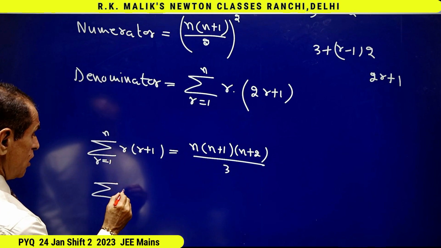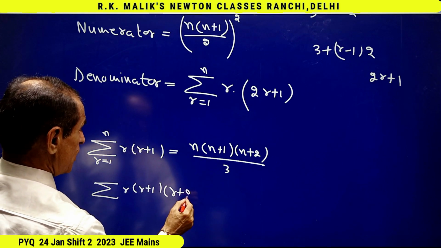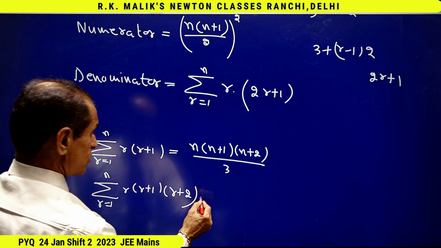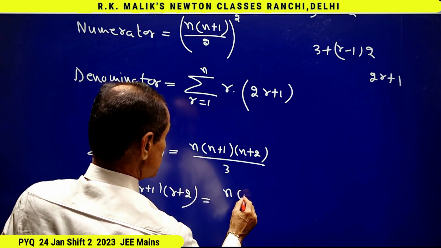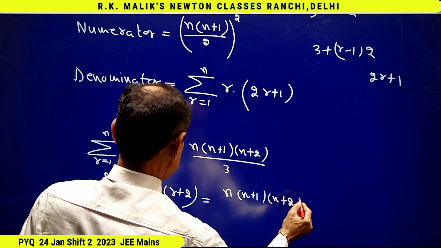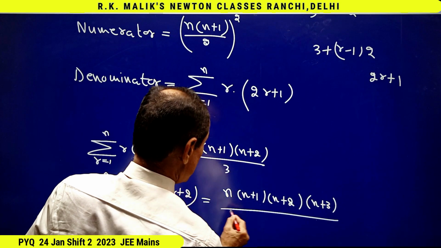Suppose R into (R plus 1) into (R plus 2) is given and R is equal to 1 to n. The result is n into (n plus 1) into (n plus 2) into (n plus 3) by 4.